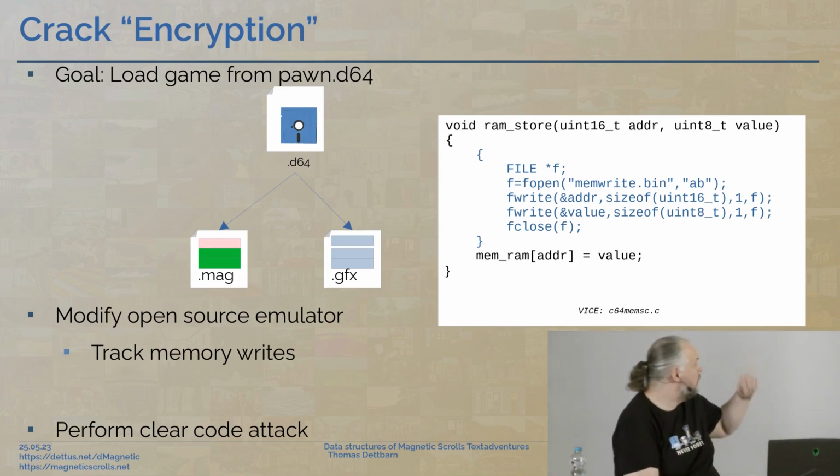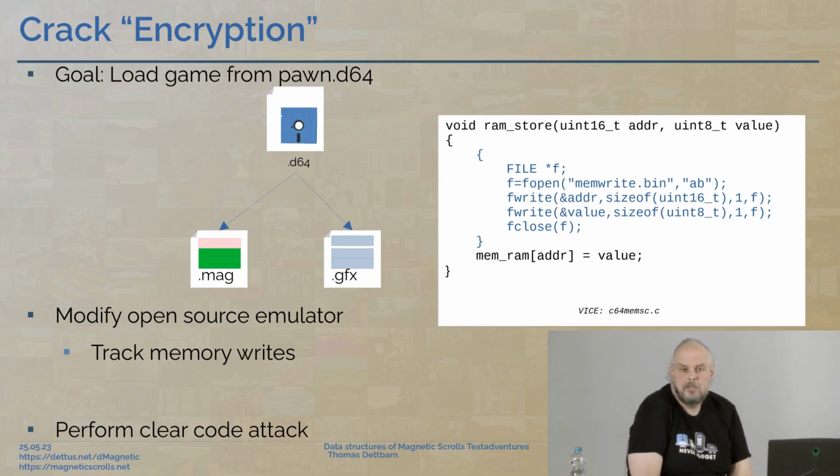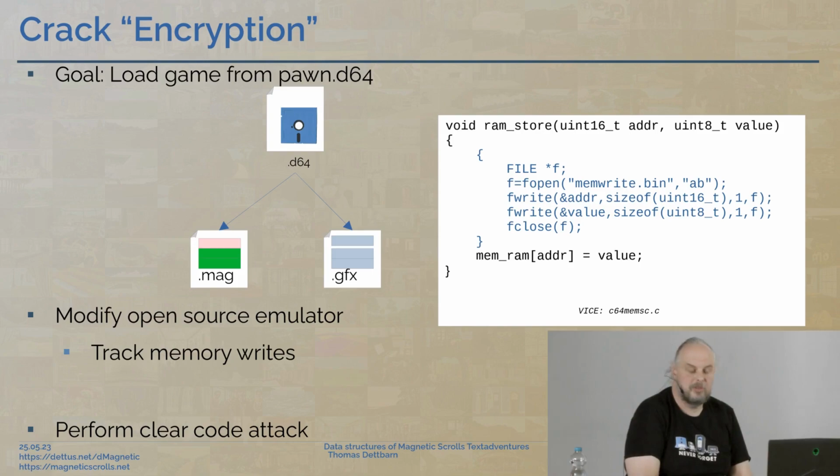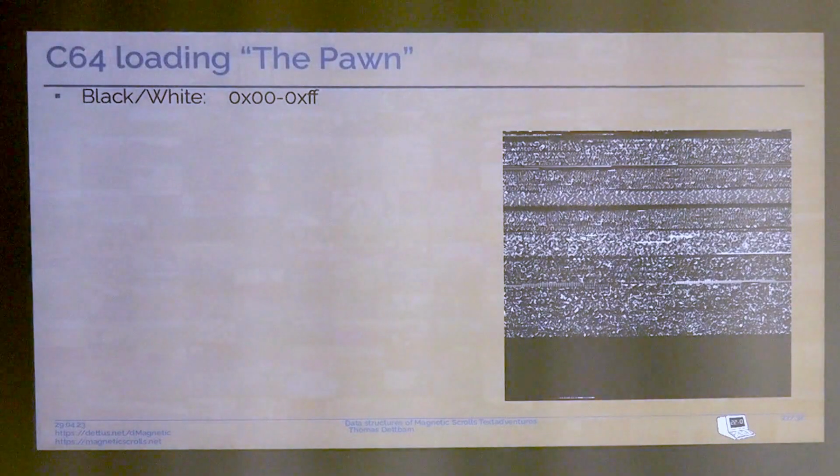When you look at the C code over there, I'm just dumping the address and the value which was written. And I really thought long and hard about how to visualize it for you guys. This was my first attempt.